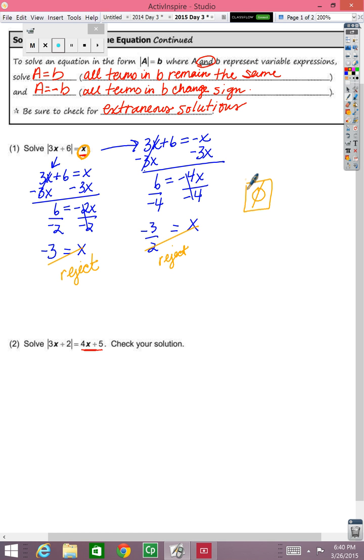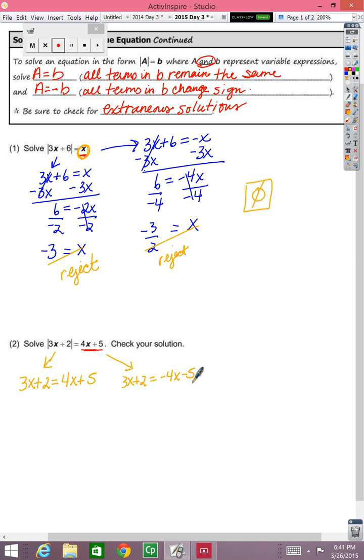Okay, looking down to the second one, again for one of the equations, this time it is asking us to check. We keep the b value the same, so it stays 4x plus 5. And then in the second one, it switches to the negation, so 3x plus 2 equals negative 4x minus 5.